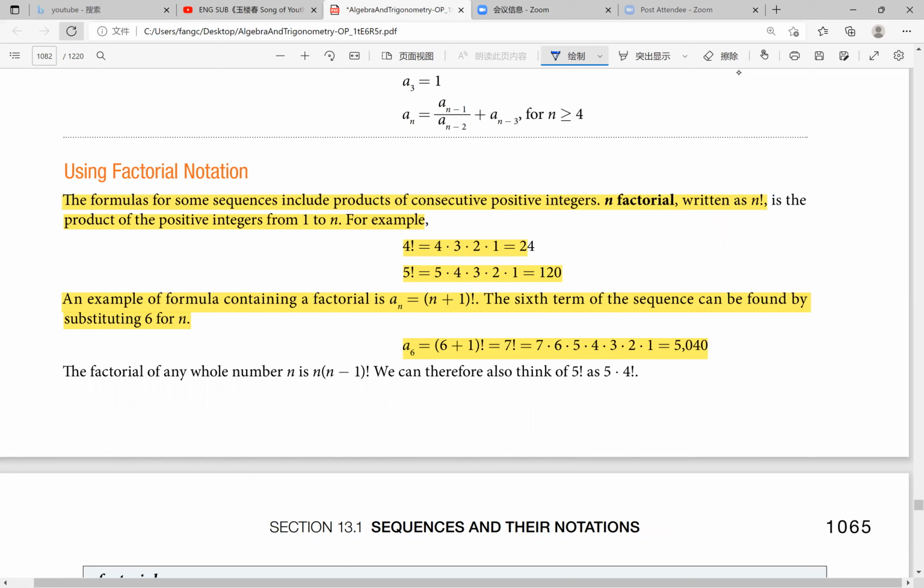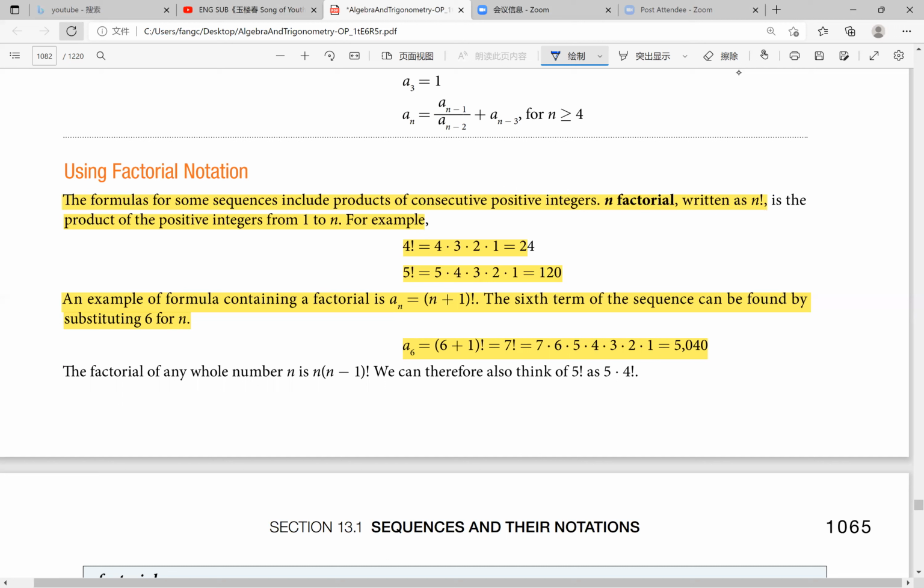The last concept I want to introduce in lesson 1, chapter 13, is using factorial notation. In fact, to know the concept of factorial, let's see the definition.